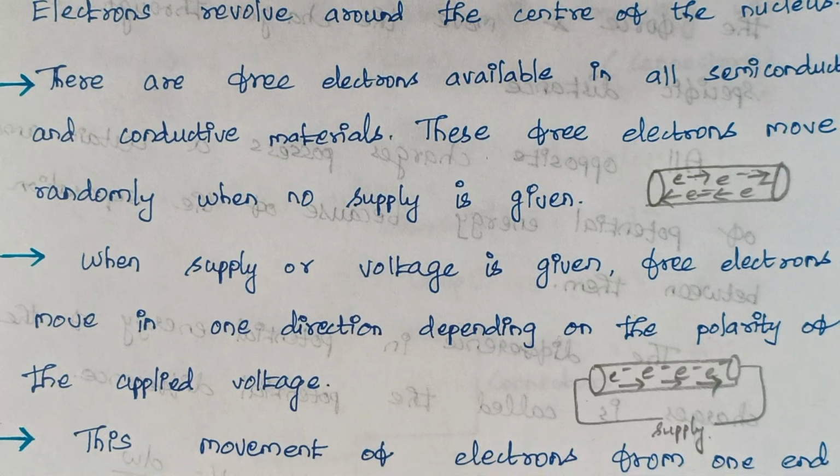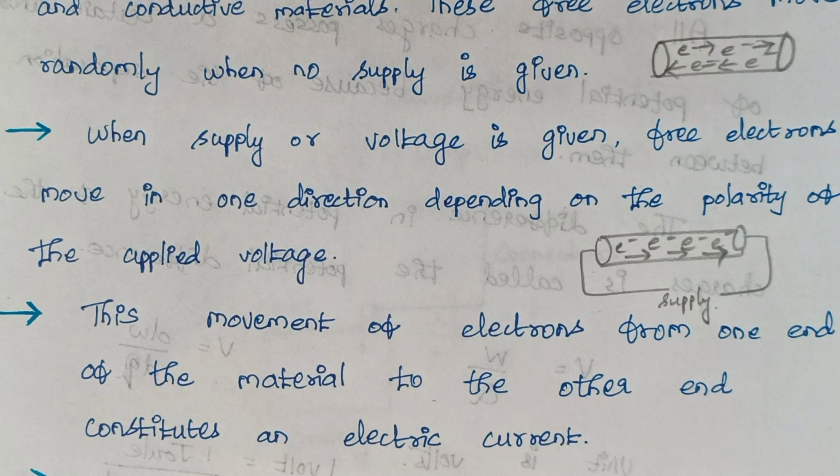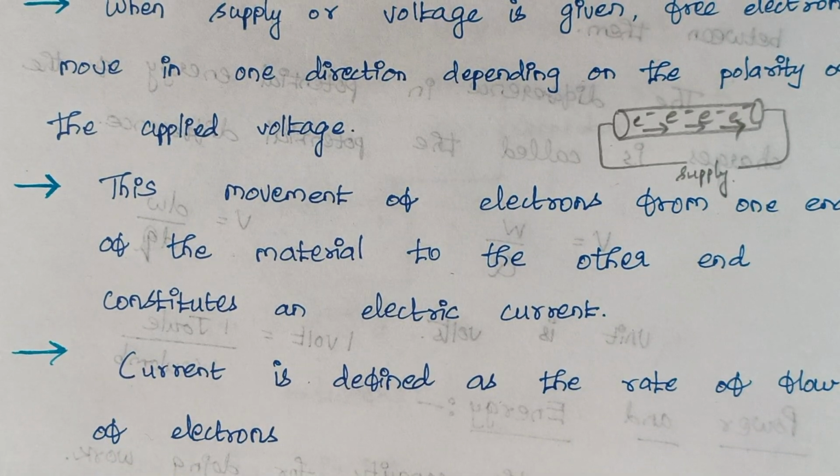This movement of electrons from one end of the conductor to the other end constitutes the current. That is, movement of electrons produces current, and current is defined as the rate of flow of electrons.